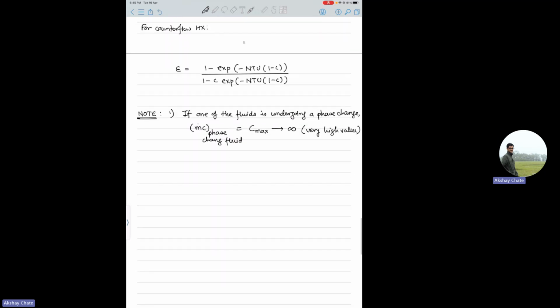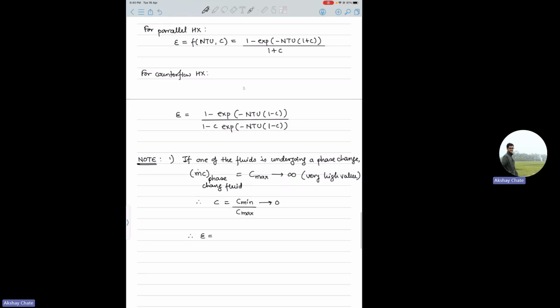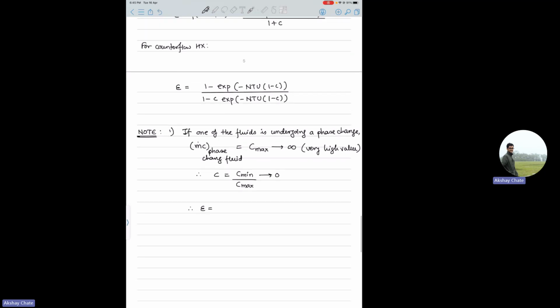And therefore your capacity ratio, which is Cmin by Cmax, tends to 0 or a very small value. And therefore your effectiveness formula, both of them, for parallel as well as counterflow, boil down to 1 minus exponential minus NTU.